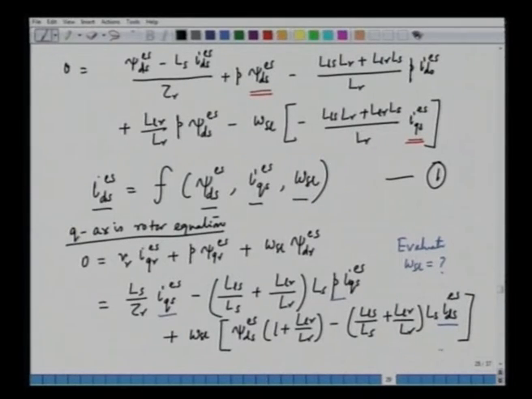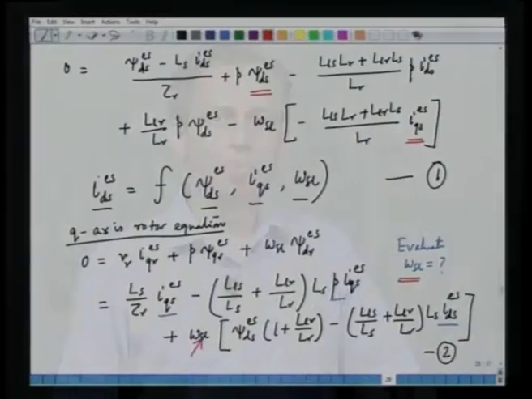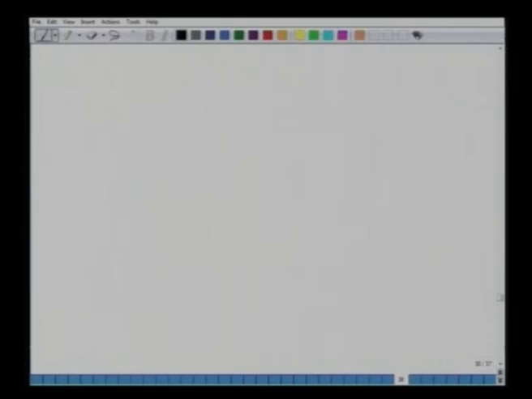And the second equation gives us the expression for the slip speed, so from this we can evaluate the slip speed. We can use these two equations to implement stator flux oriented vector control. Let us see how it is implemented.